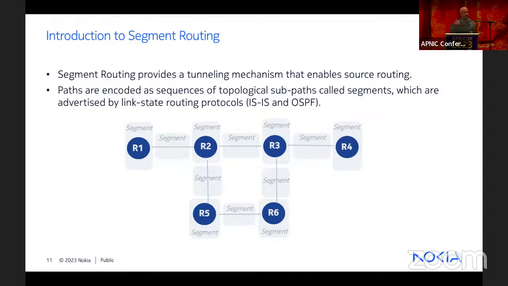So you could specify for a packet: you come into the provider edge router, take this interface to get to node 2. When you're at node 2, take interface 3 to go to node 5. When you get to node 5, take interface X to go to node 6, and so on. So you could specify in detail what path a packet takes through the network.